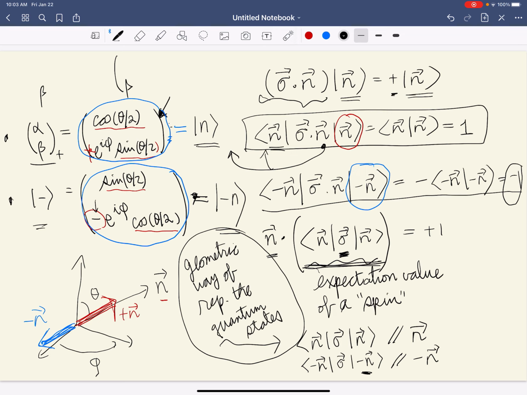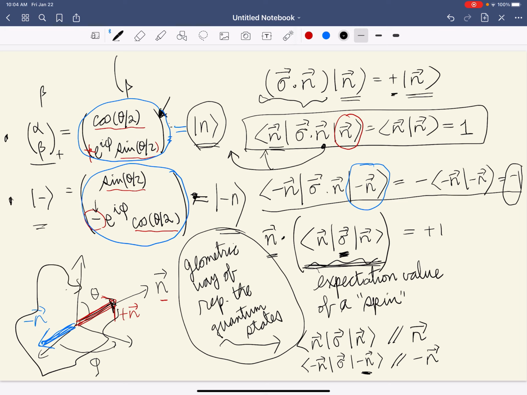Okay, so this way of thinking about the eigenstates of a two-level problem is quite useful because then you can think about the dynamics of these quantum states as a motion of these compass needles or motion of these arrows in some space, right?